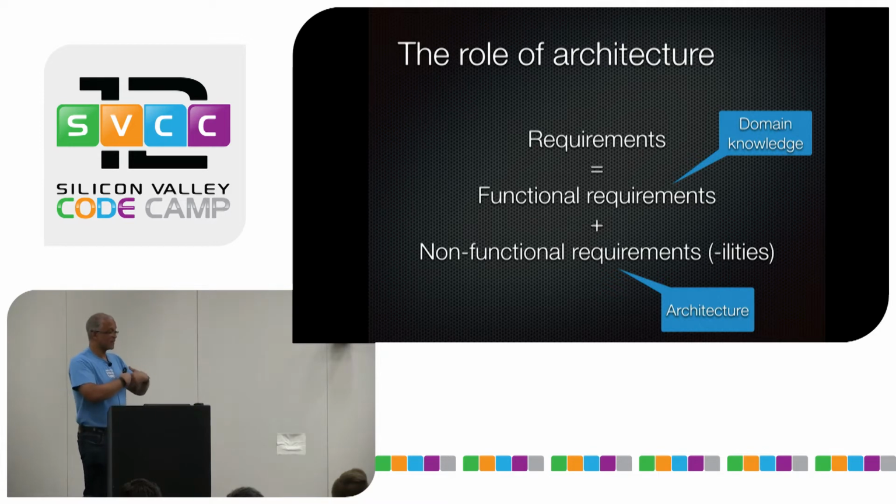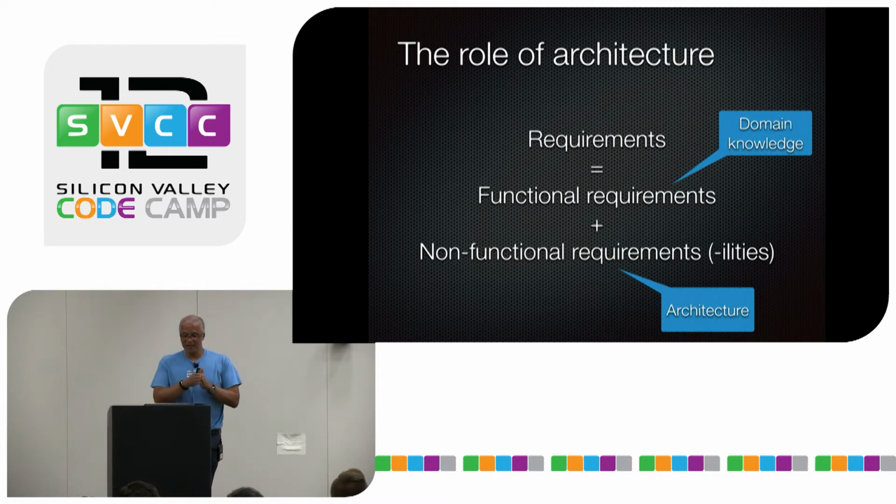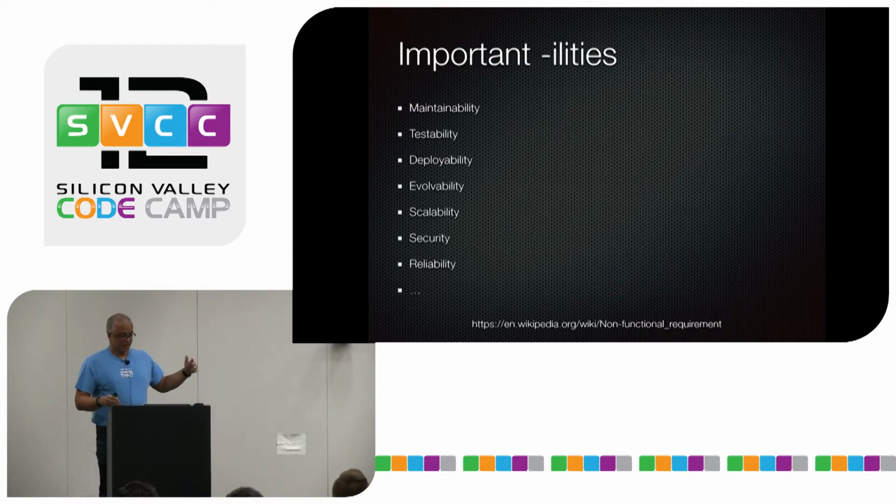So if you've got particular goals, particular non-functional requirements around performance or scalability or maintainability, that's when you have to think hard about the appropriate architecture for your system. If you go to Wikipedia and look up non-functional requirements, there's this big long list of ilities.